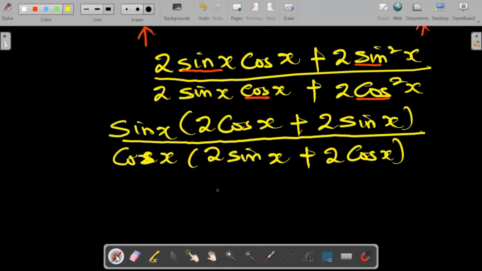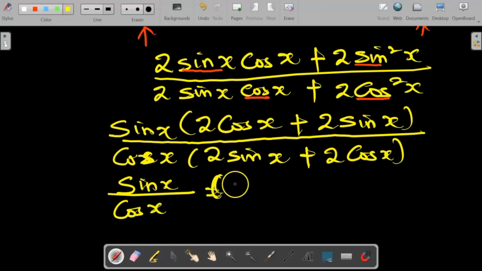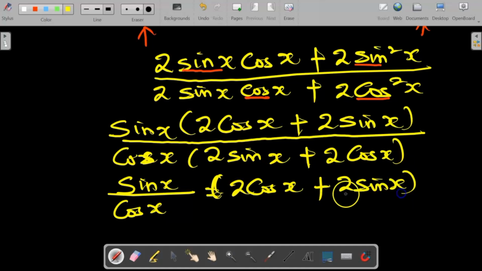Note, addition is commutative. So we have sine x over cos x, with the bracket 2 cos x plus 2 sine x.